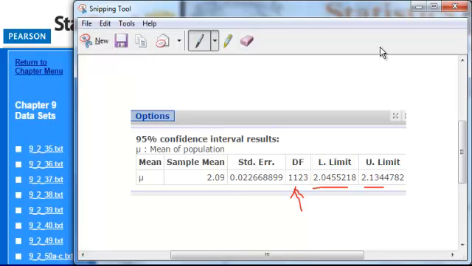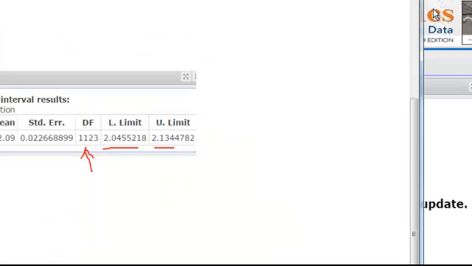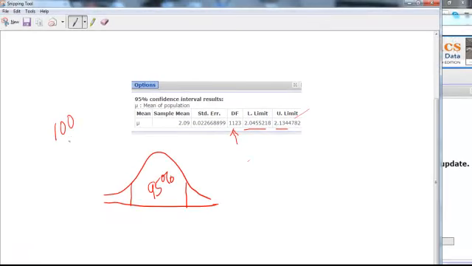The other thing I wanted to explain: for a 95% confidence interval, we can think of the bell-shaped, approximately normal distribution curve, and 95% of the data is in here. 100% of the data is under the curve, and if we subtract this out, we see 5% is left over.